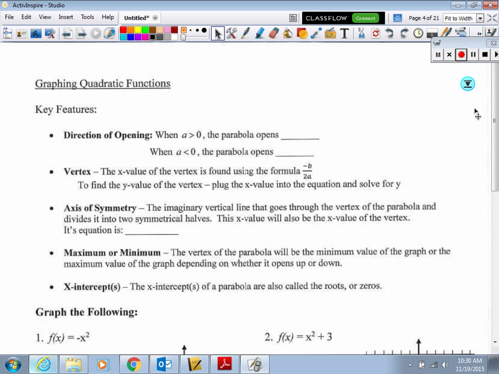Okay, so here are some things that you kind of need to know. If a is greater than 0, and what you're remembering is it's y equals ax squared, they used f of x, plus bx plus c. So if a is greater than 0, meaning it's positive, it opens up, and if it's negative, it opens down. To find the x-coordinate of your vertex, this assumes that you're doing this by hand.